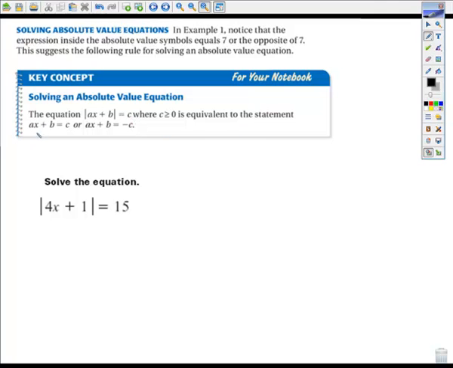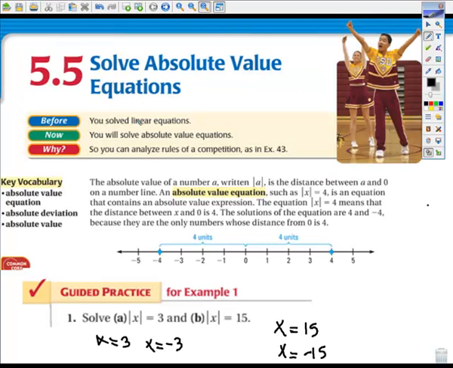When you set this up, however, you take off the brackets and set it equal to positive c, and you take off the brackets and set it equal to negative c, just like back here, absolute value of x is 3 and negative 3. So this is the same as the c value.